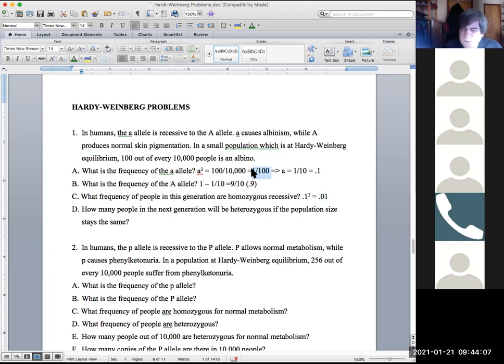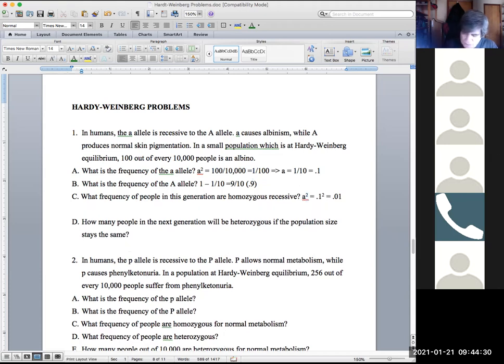That's really what we had up here. The thing that we took the square root of to find little a is little a squared. So in a sense, we could do the math, we'll still get the right answer. But the other thing we could do here is find the frequency that we took the square root of in A up above.